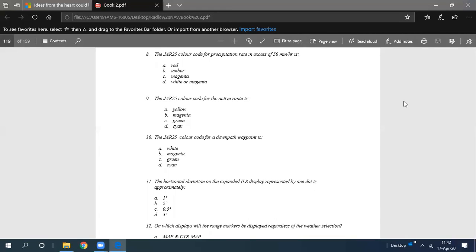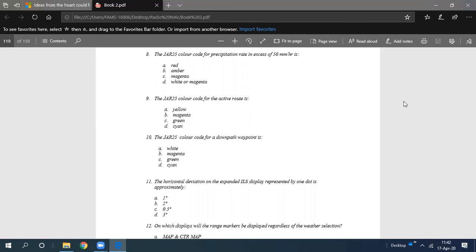The downpath is the waypoint that we're leaving. Absolutely correct. The waypoint which you are going to report to next on your track is called the active waypoint, and the waypoint behind after this particular active waypoint is called the downpath waypoint. Active waypoint is the point which you are heading for, and the downpath waypoint is one waypoint which is behind the active waypoint.